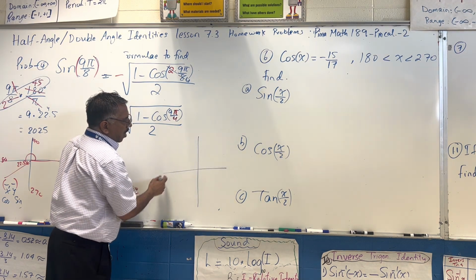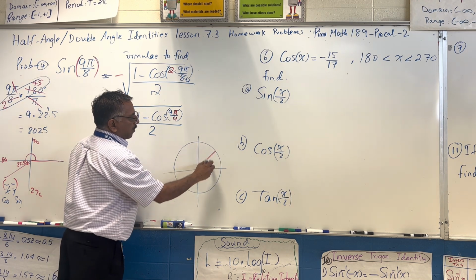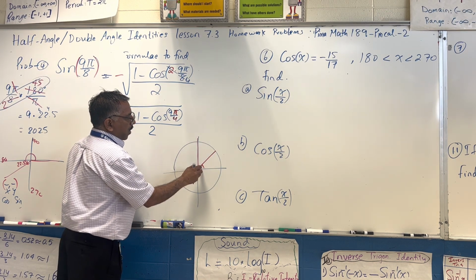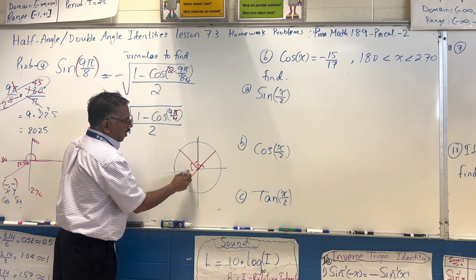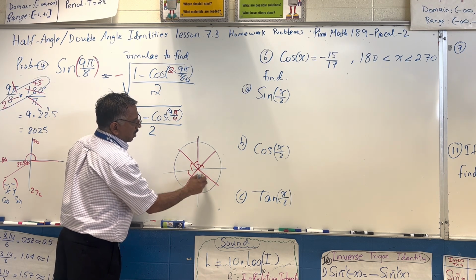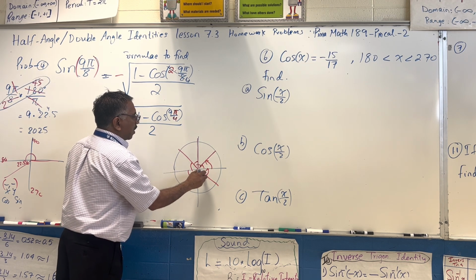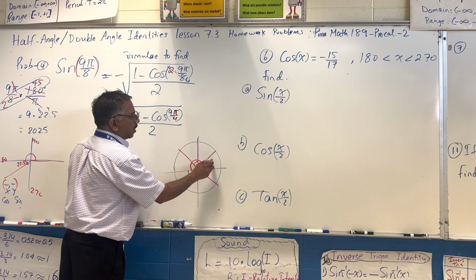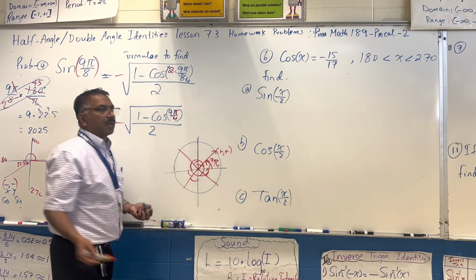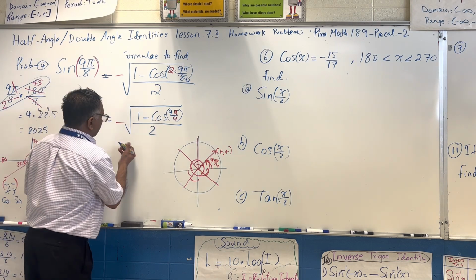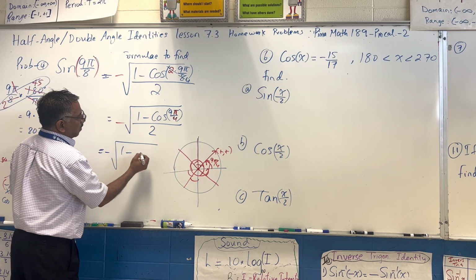If you go all the way around, this is pi by 4, 1 pi by 4, 2 pi by 4, 3 pi by 4, 4 pi by 4, 5 pi by 4, 6 pi by 4, 7 pi by 4, 8 pi by 4, and you're back to 9. It's like you're going all around, and until here is 9 pi by 4. And that is, both are positive.